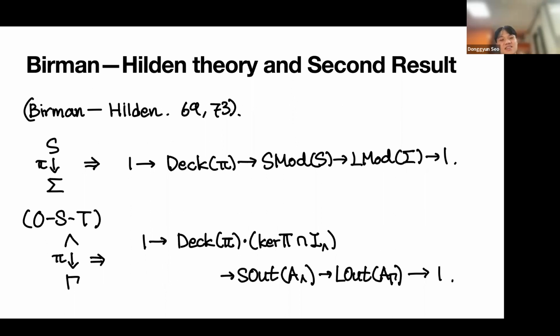So actually, the product of the deck transformation group and the Torelli subgroup can be expressed as a semi-direct product, because the Torelli subgroup is a normal subgroup of the automorphism group. So this is exactly a semi-direct product.